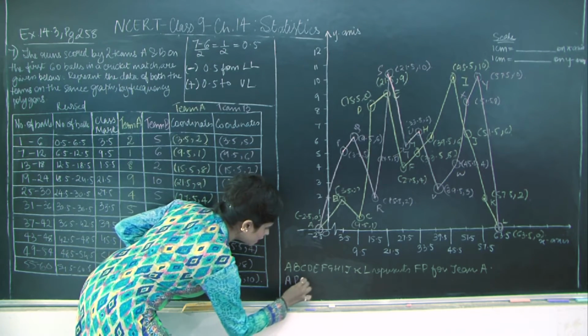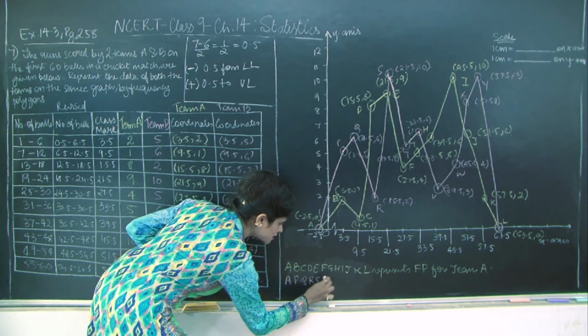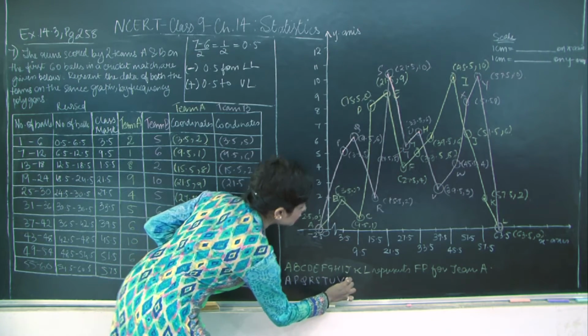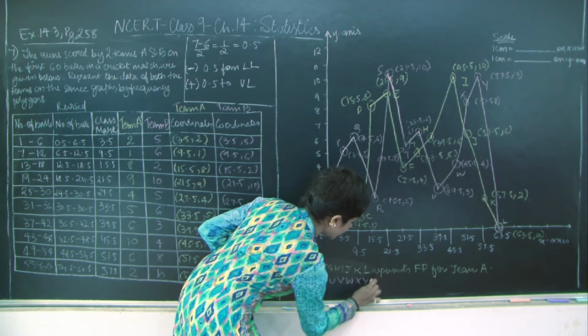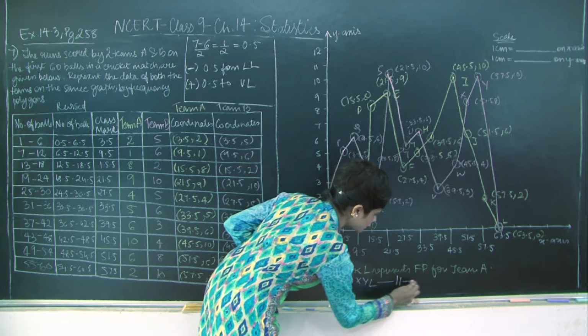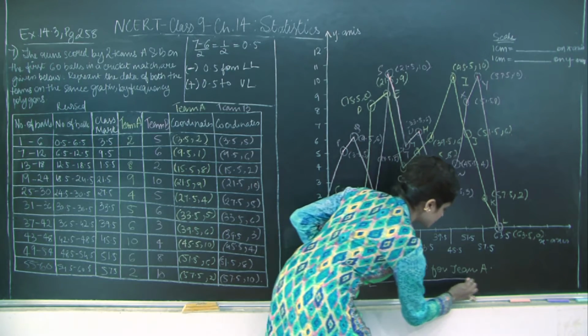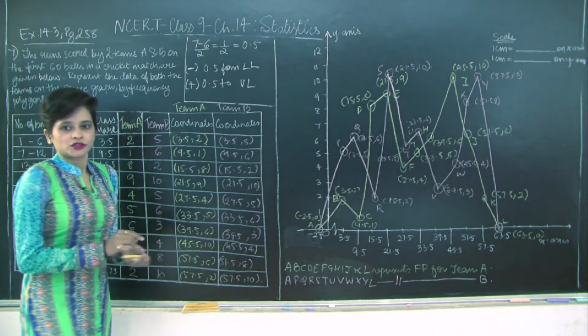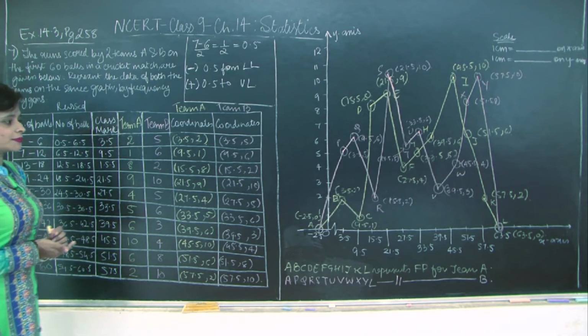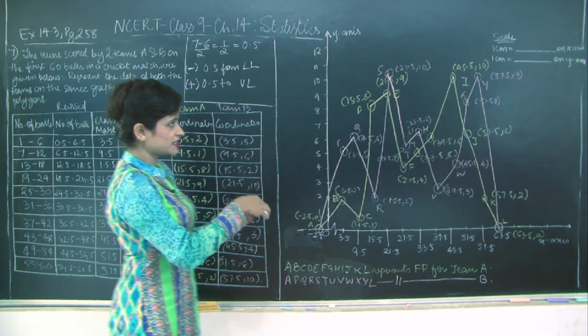A, P, Q, R, S, T, U, V, W, X, Y, L represents the frequency polygon for team B. So here is the solution. Please take a look.